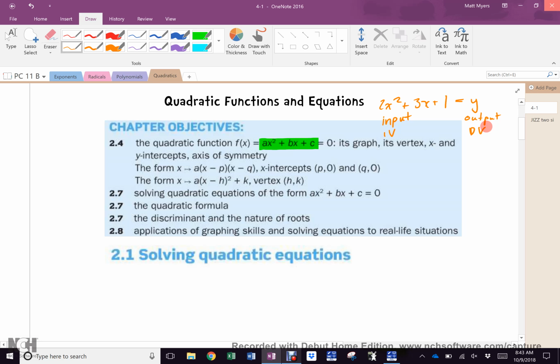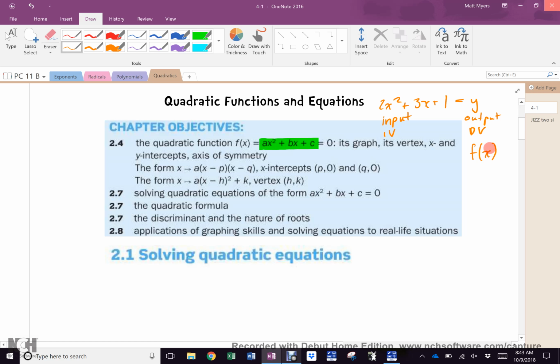And then at the very, very end of your unit in grade 10, you were taught another way to write your outputs. This, f of x, tells you that the f is a function. That tells you you're going to do some math to the independent variable to get an output.